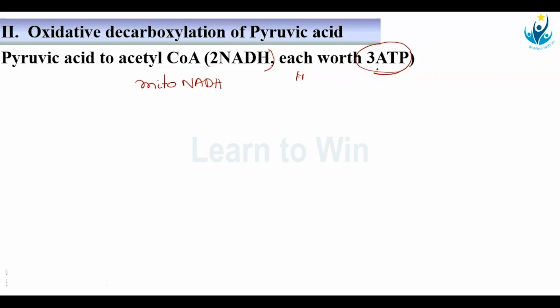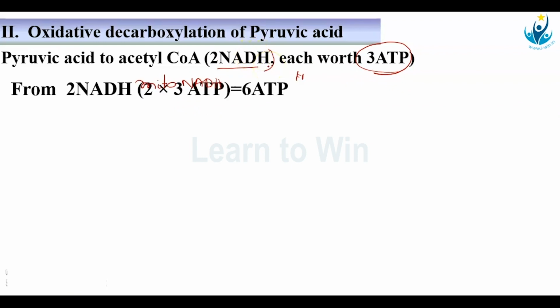We have discussed this in detail in the electron transport and chemiosmotic hypothesis videos. If you are not able to recollect, please go back, revise and come back. So we are forming 2 NADH, that will be 2 into 3, 6 ATP, and we will take this as equation B.